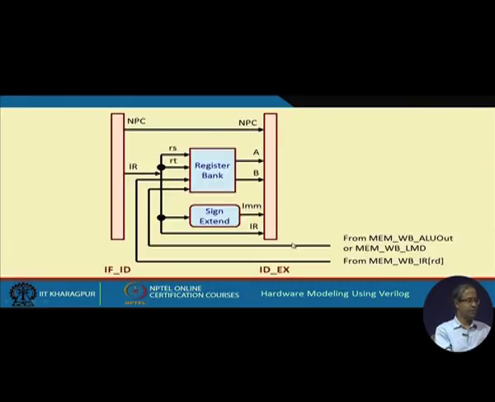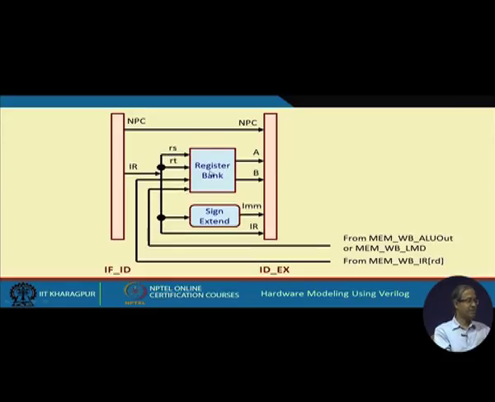In terms of the hardware, it will look like this, register bank. NPC will be copied, this IR will be copied, and the IMM part of the IR will be sign extended to get IMM.